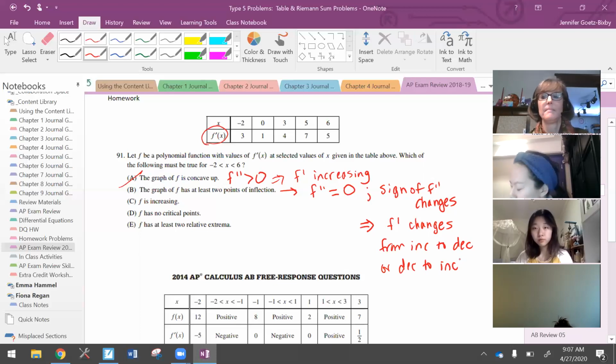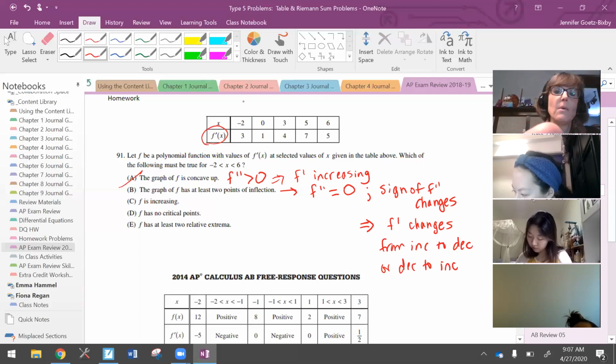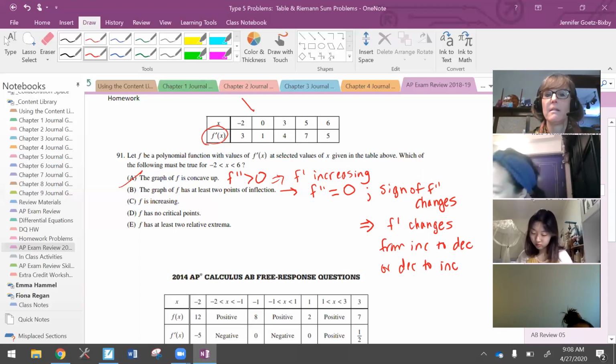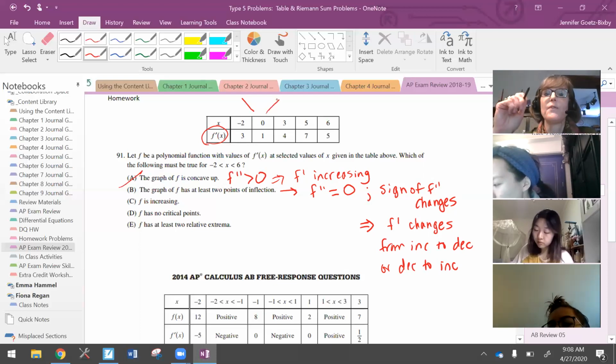Okay. So if we look, as we go from -2 to 0, the slope goes this way, right? Because it's going from 3 to 1. The slope goes this way from 0 to 3 because it's increasing from 1 to 4.